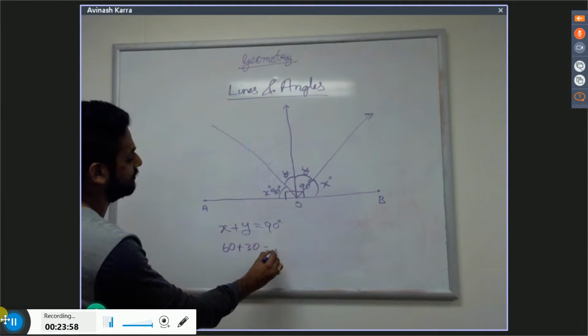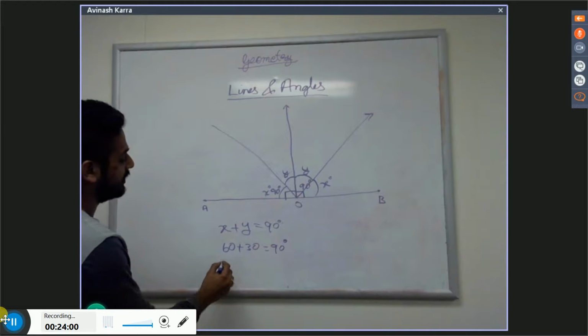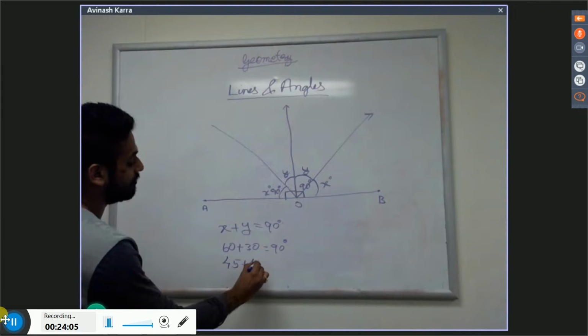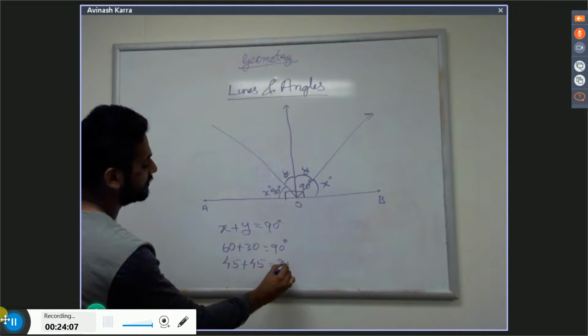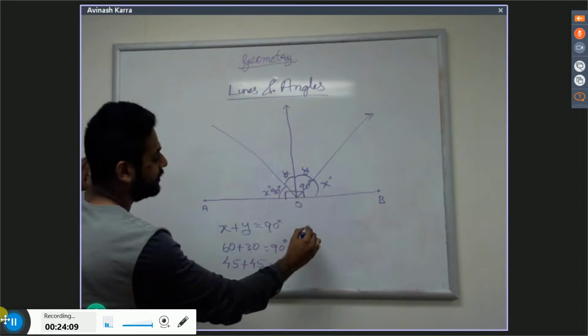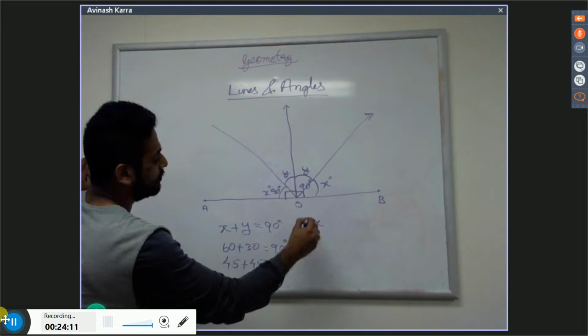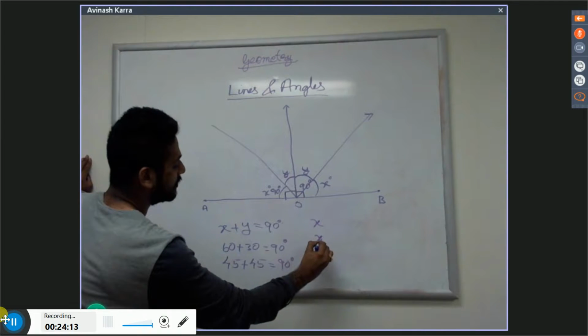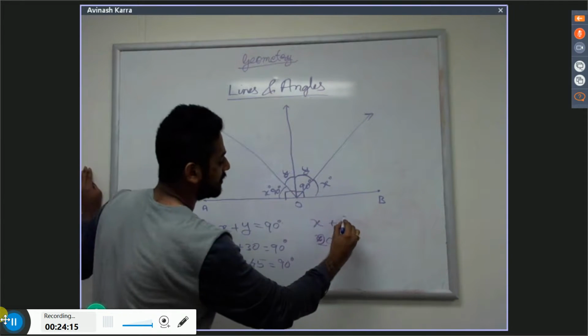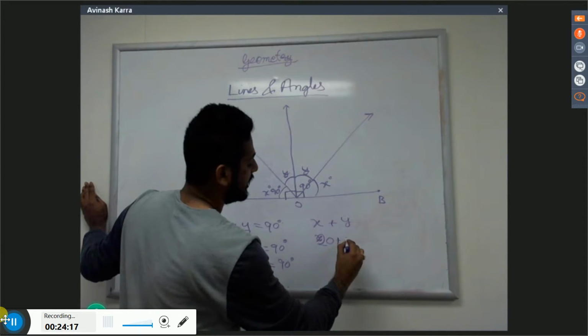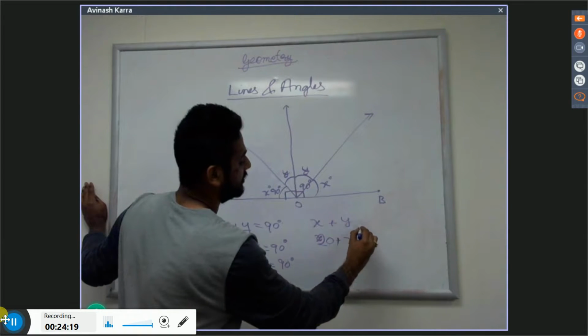If X is equal to 45, then Y is equal to 45. If X is equal to 20, then Y will be 70 degrees.